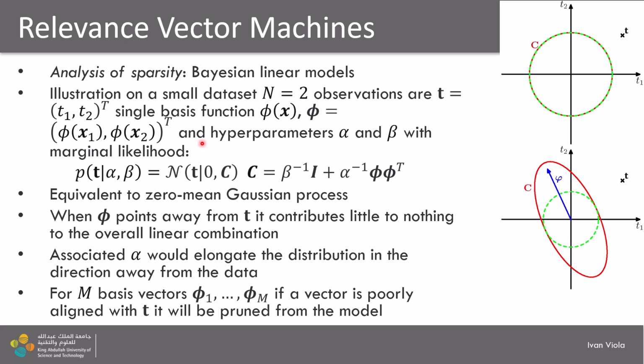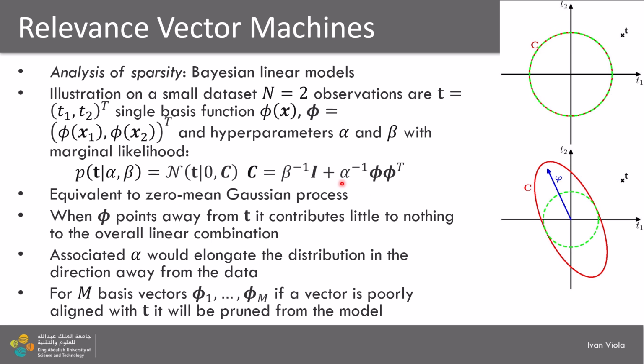We also have the parameters alpha and beta with the marginal likelihood in our simple example, where the marginal likelihood, or the model evidence, is a normal distribution with zero mean and covariance matrix C, which we have already discussed has a component from the noise and a component associated with our basis functions.